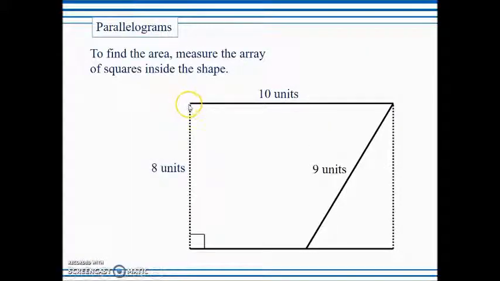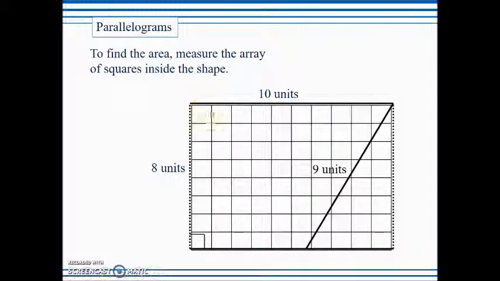So now that we've moved it, it forms the rectangle, and we can apply that same formula for area. If we're going to measure the area of this rectangle, we're going to count the squares across and multiply them by the number of squares down. So we have 10 times 8, or 80 square units.